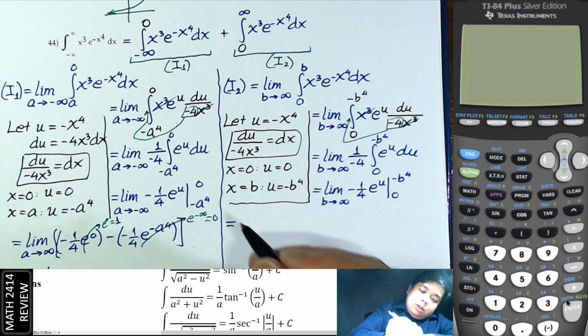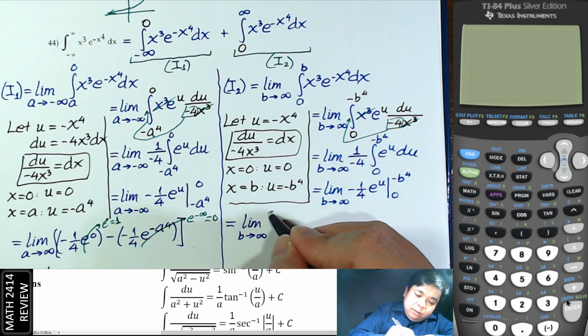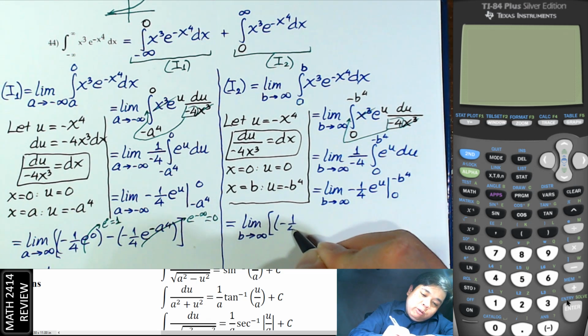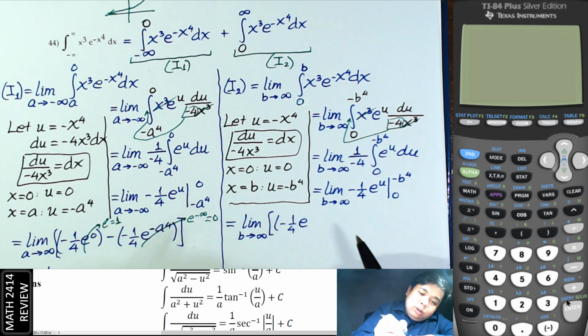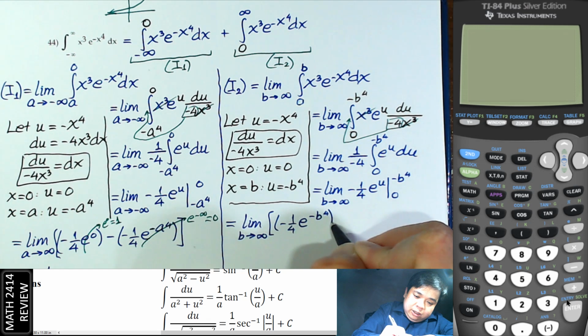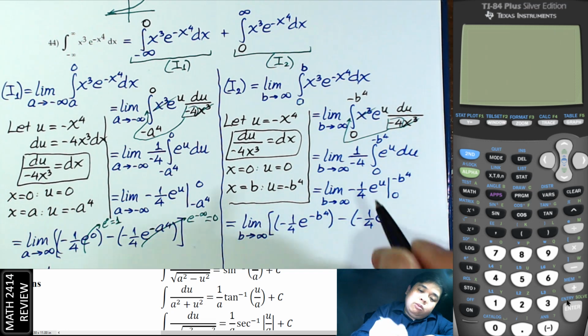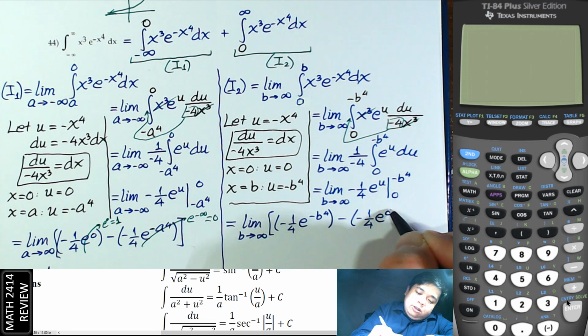Right, substitute. Negative 1 over 4 e to the u, which is negative b to the fourth, subtract negative 1 over 4 e to the 0.